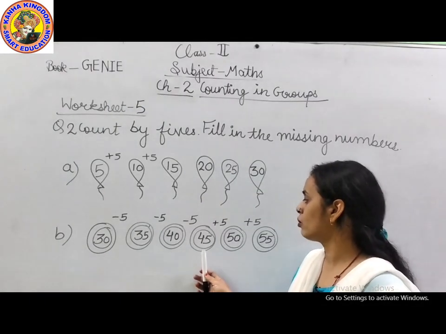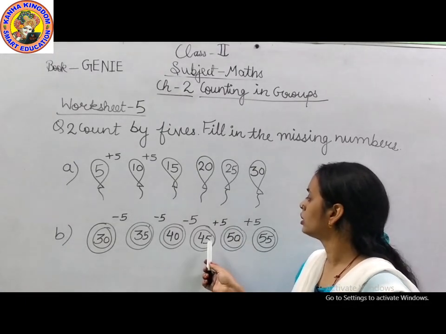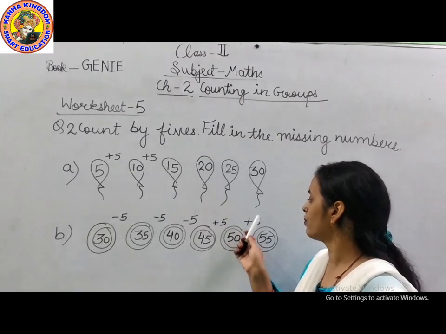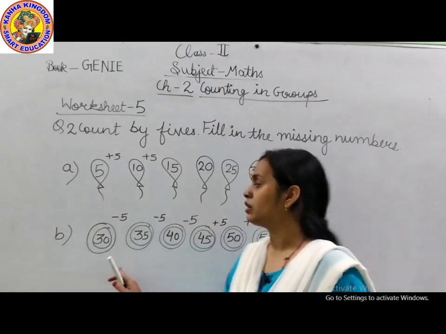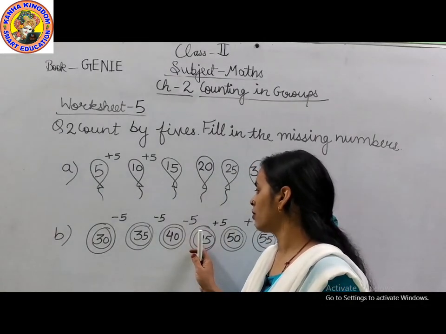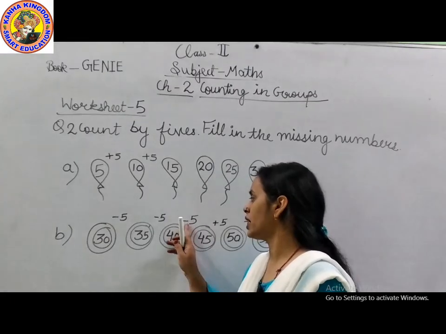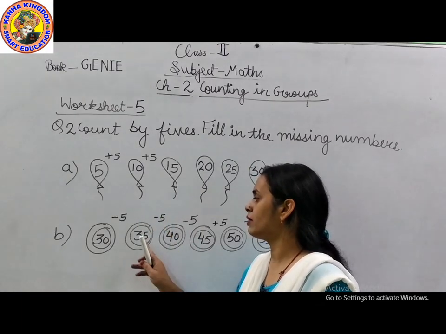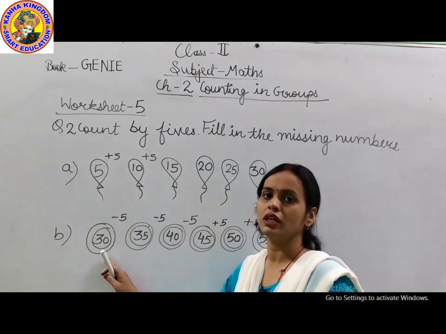So we have to write the next number. 45 plus 5, 50, 50 plus 5, 55. Now in right side rings, we have to subtract 5. 45 minus 5, 40. 40 minus 5, 35. 35 minus 5, 30.